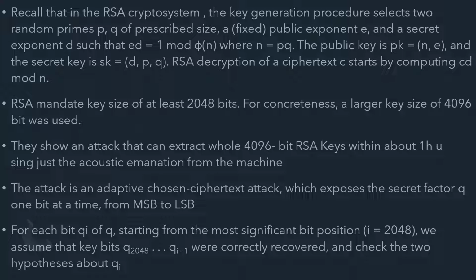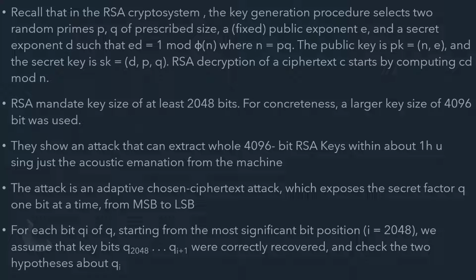This is still a reminder that RSA manages a key of 2048 bits, but here for the experiment they actually use a larger size, like 4096-bit RSA. So the attack is an adaptive chosen ciphertext attack, which exposes the secret factor Q one bit at a time, from the most significant bit to the least significant bit.